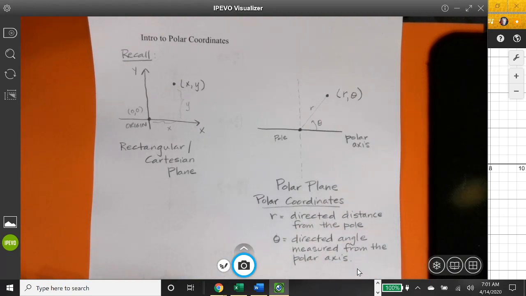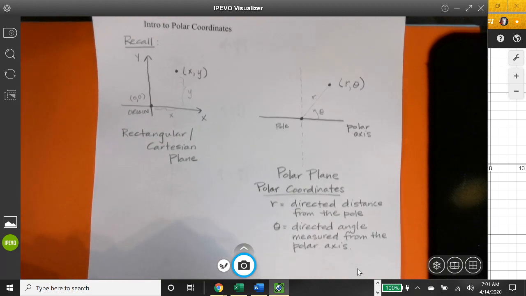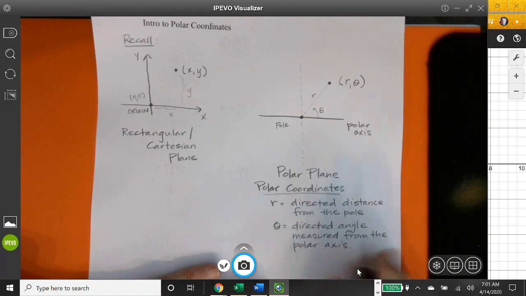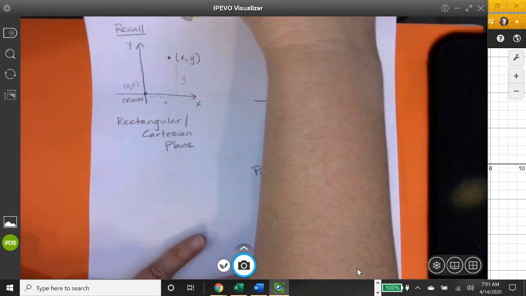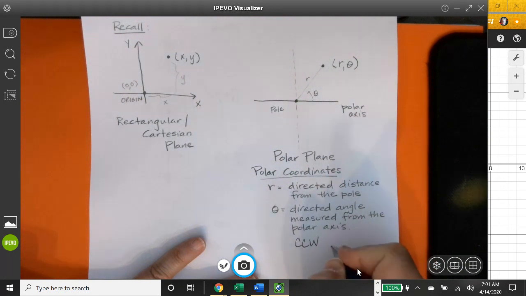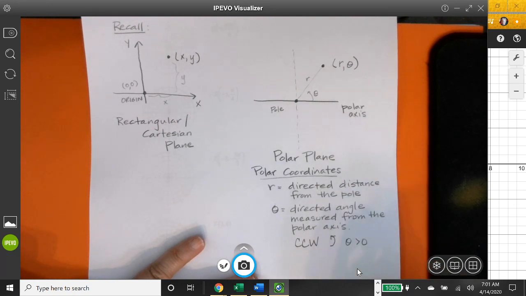Okay, now, just like we were doing in trig, if you rotate counterclockwise, and that's my abbreviation for counterclockwise, counterclockwise means I'm going this direction. If you rotate this direction, your angle theta is greater than 0, or positive.